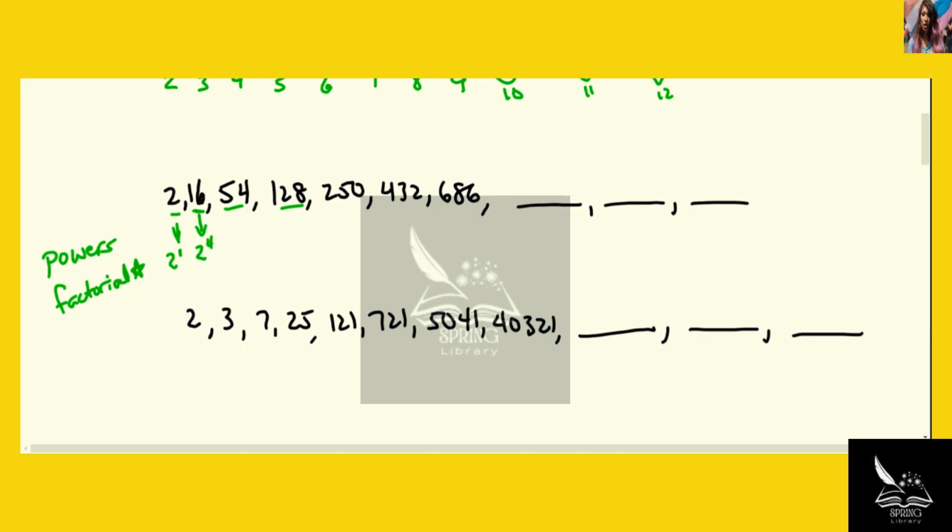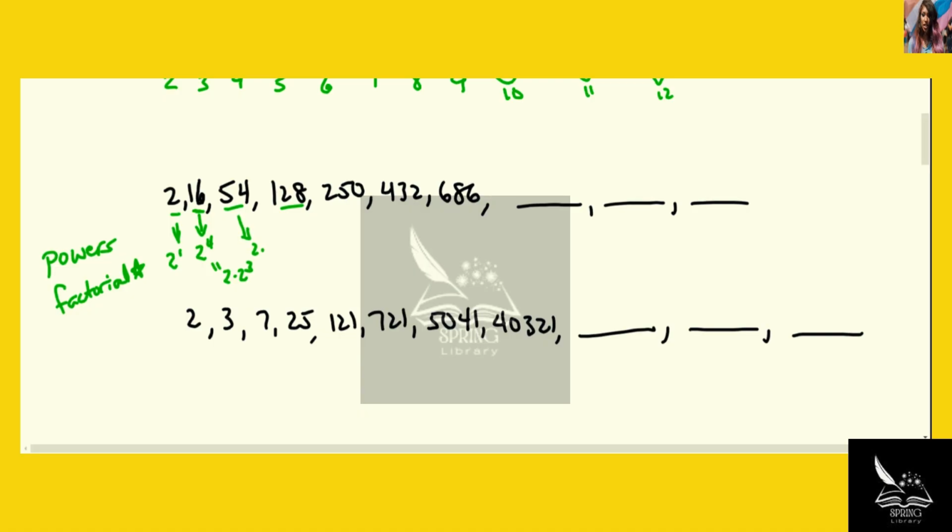So I have increased by 8. Can I multiply each term by 8? No, that doesn't quite work. How about this? Instead of 2 cubed, I can also write this as 2 times 2 to the 3rd.